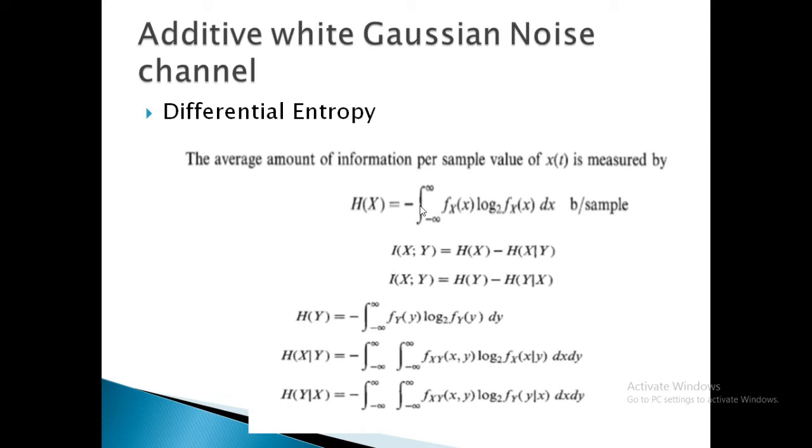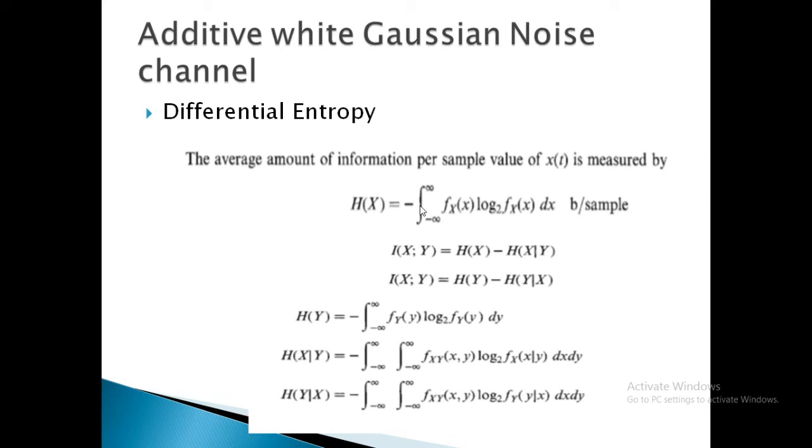Differential entropy. Here, the additive white Gaussian noise channel. In a continuous channel, an information source produces a continuous signal x of t. A set of possible signals is considered as the ensemble average waveform.